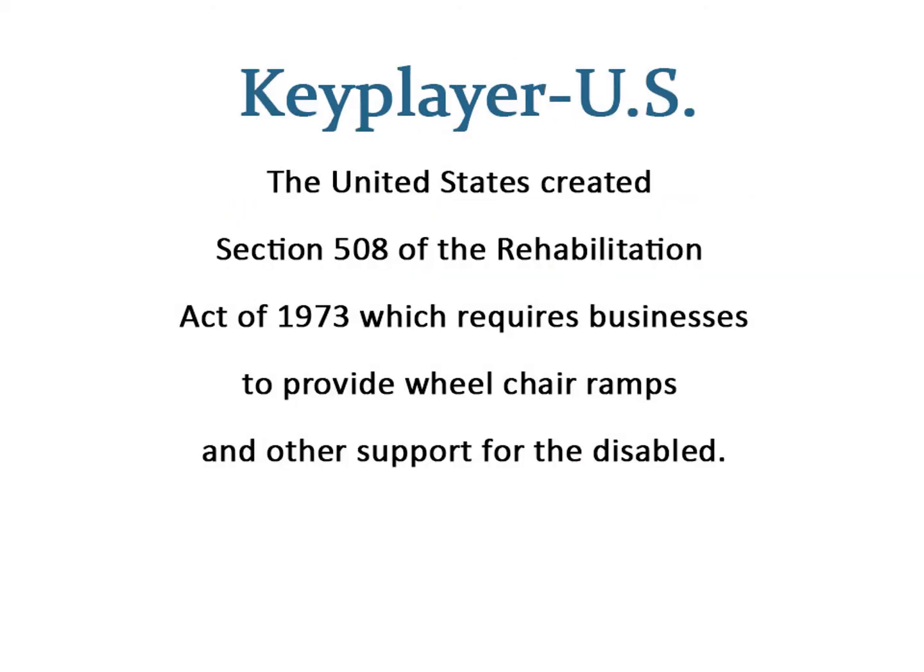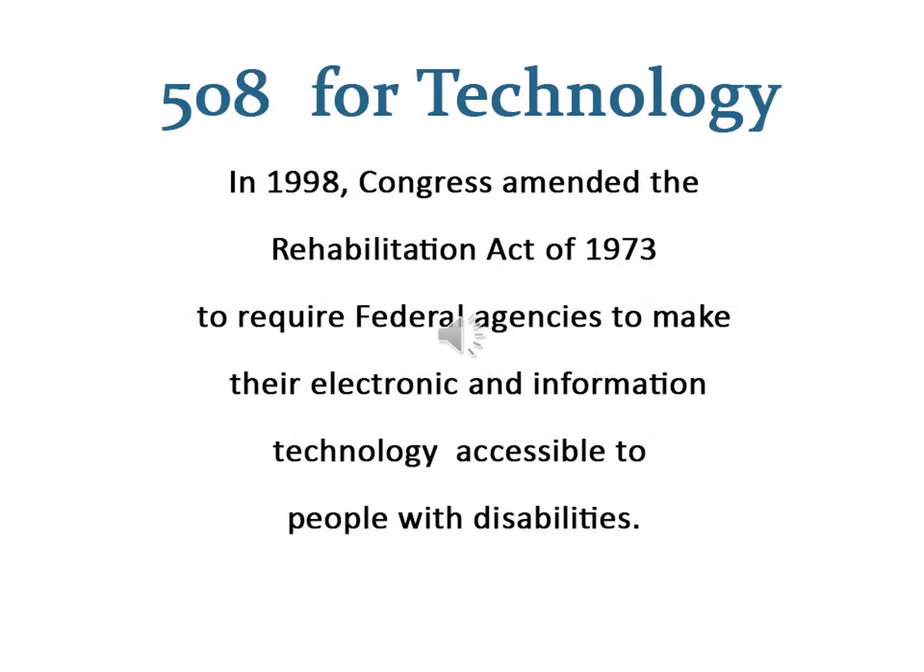Another key player is the U.S. The United States created Section 508 of the Rehabilitation Act of 1973, which requires businesses to provide wheelchair ramps and other support for the disabled. 508 for technology.